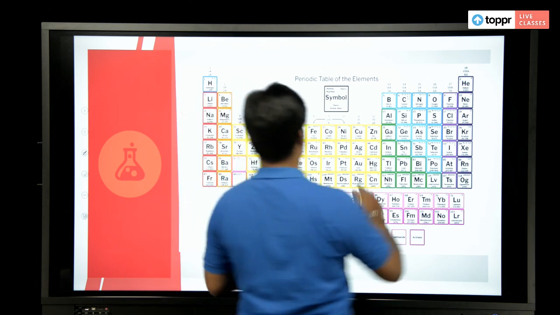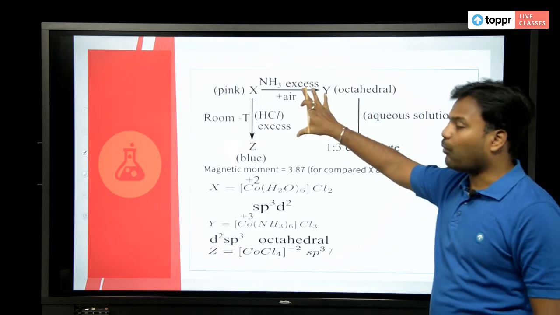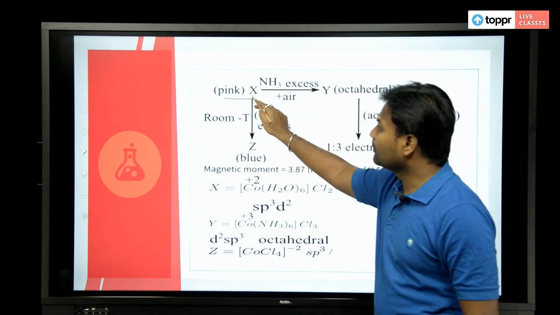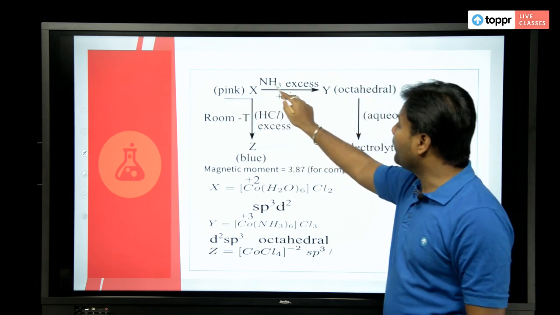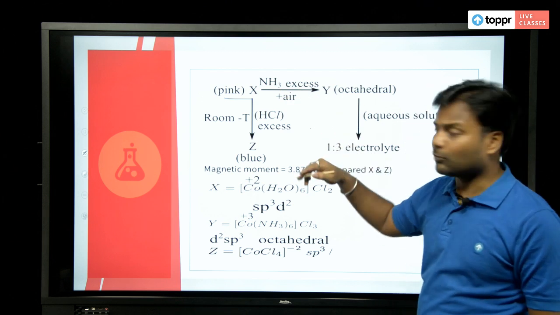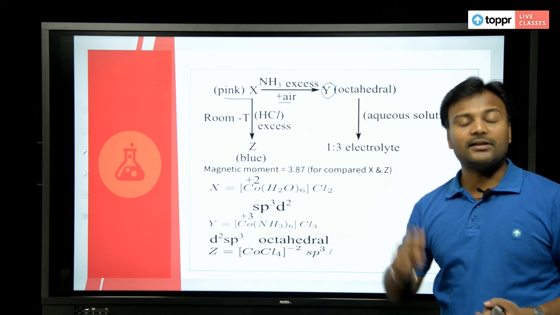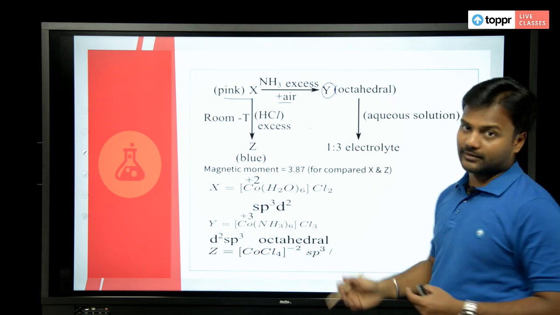Let us write down what was given in the question. X, which is pink colored, when reacted with excess ammonia in the presence of air, gives Y. The geometry of Y is octahedral.